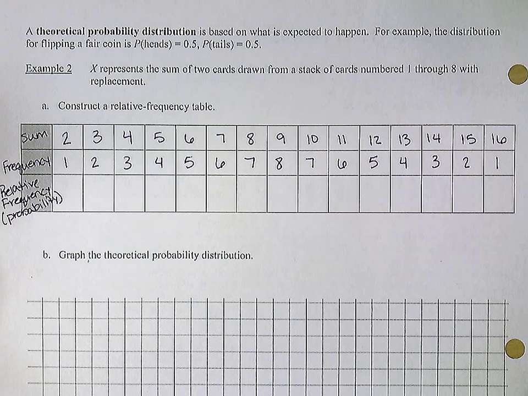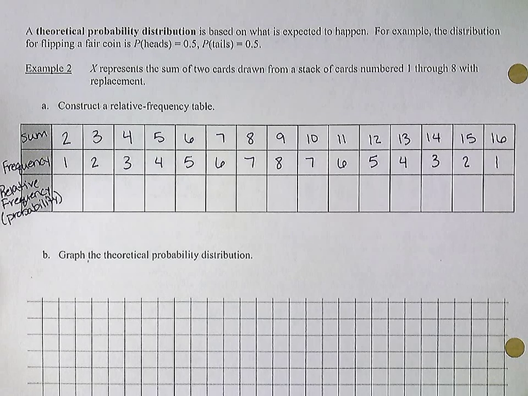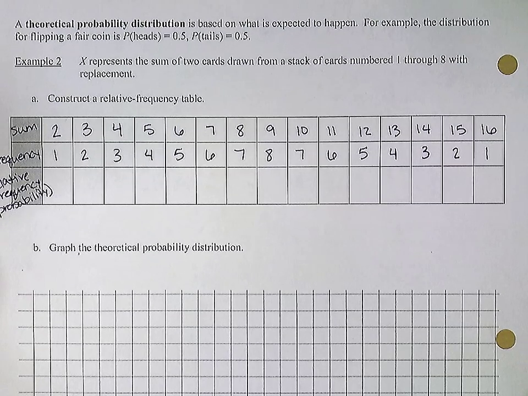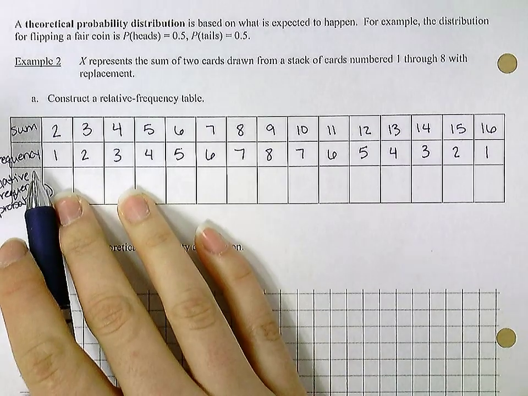All right, then to find the probability of each, we have to write 1 out of 6 or 1 out of 15. So it is 1 out of something. Okay, so we want to look at how many total combinations we have. That would have to do with the frequency here.